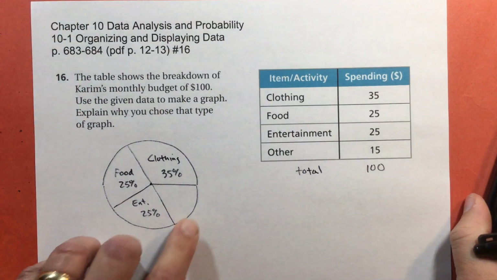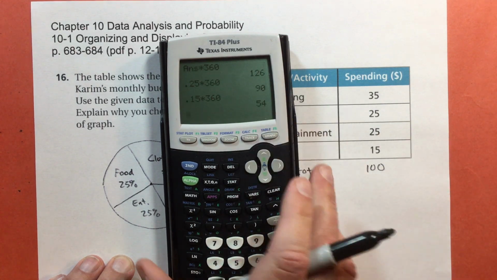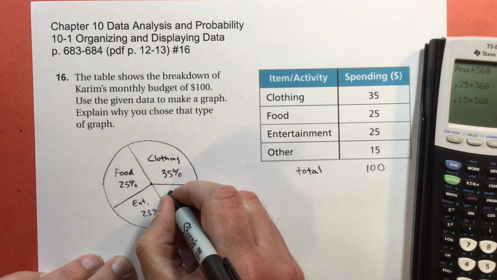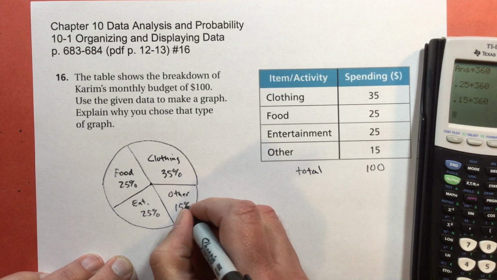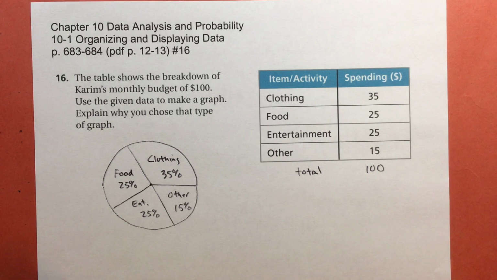And then finally, this last section, 15% times 360 is going to give me 54 degrees. This looks like it's about 54 degrees, so we'll say other, and that would be 15%.